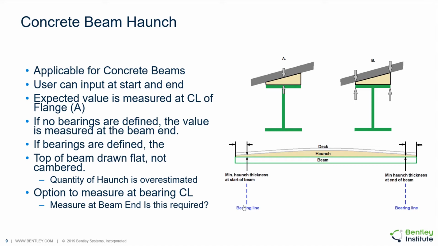One of the other enhancements that we have calculated and implemented is the hunch. These are sometimes tedious, sometimes even difficult geometric calculations, and it mostly applies, of course, for concrete beams, in which the user can now specify a hunch at the beginning and at the end of the actual beam.